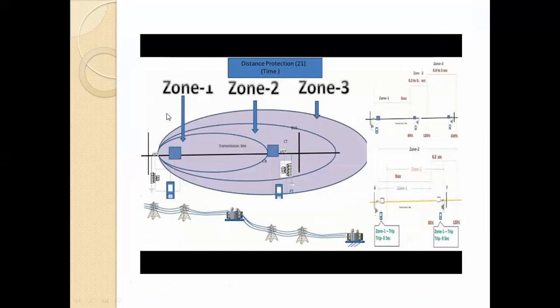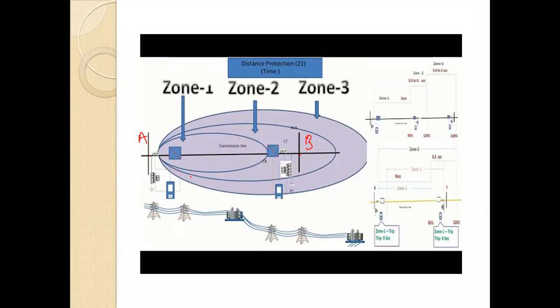Here zone 1, zone 2, and zone 3 are given. For zone 1, this is your sending end, and one section of the line runs from A to B. The total line length is from A to B, and two relays are there, one at the sending end and another at the receiving end.